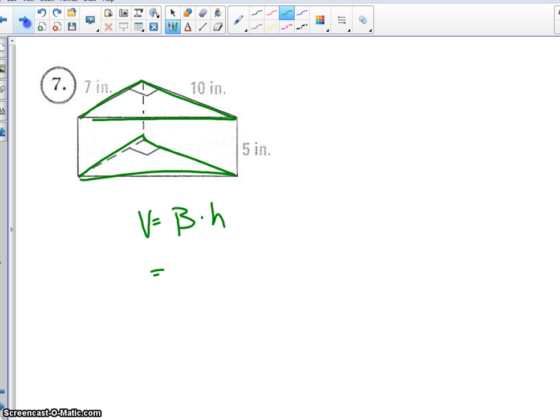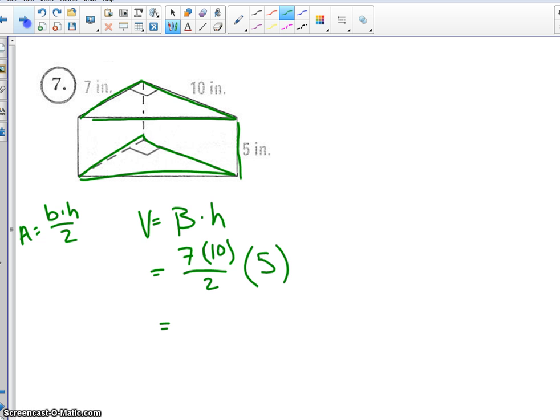If you look at your green sheet, base times height divided by 2. So we have our base and our height, the 7 and the 10. So we have 7 times 10 divided by 2, and then we're going to multiply that by the height of this prism. Well, here's our height of 5.